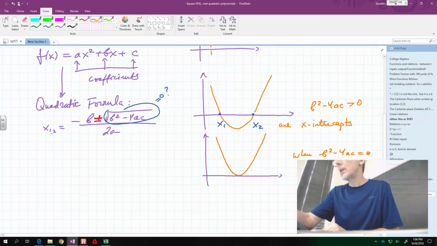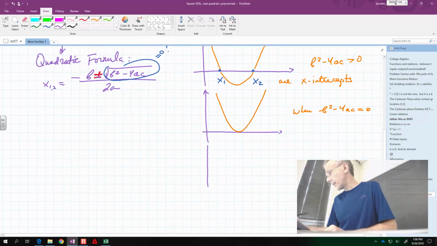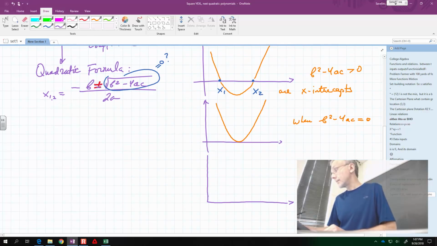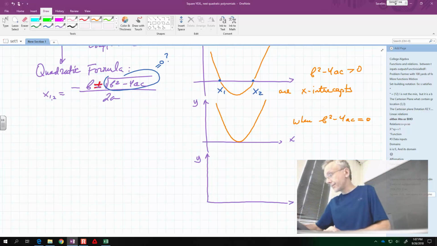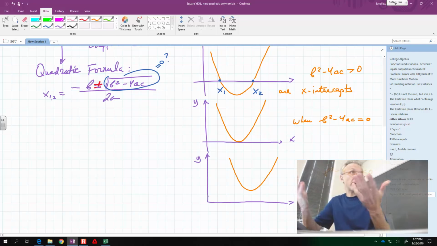And what's the last case? There are no x-intercepts, and b squared minus 4ac is negative, which means that the square root is undefined, and there are no x-intercepts.